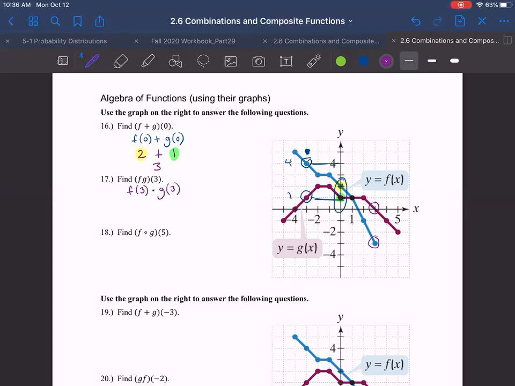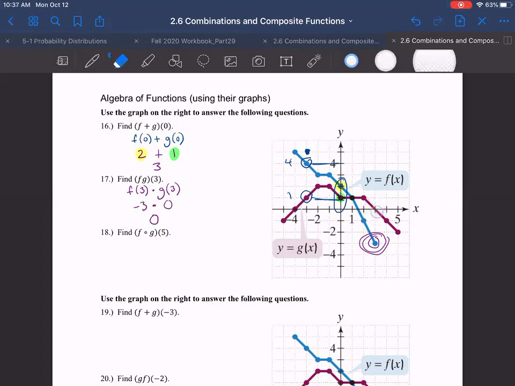We're just multiplying them together. When we look at this one, we can see that this value down here is -3. And this other value up here, right there, is a 0. So it's -3 times 0, which gives us a 0.